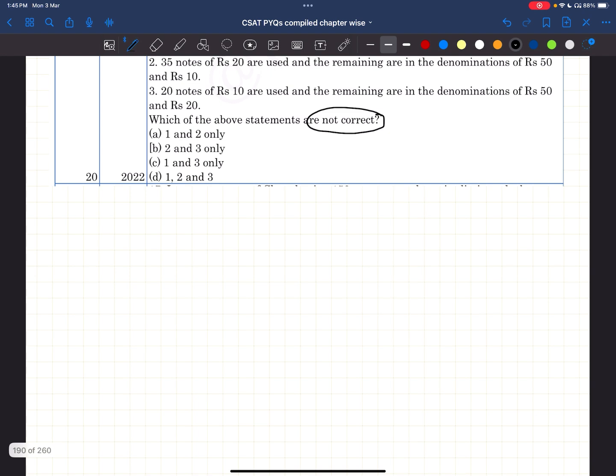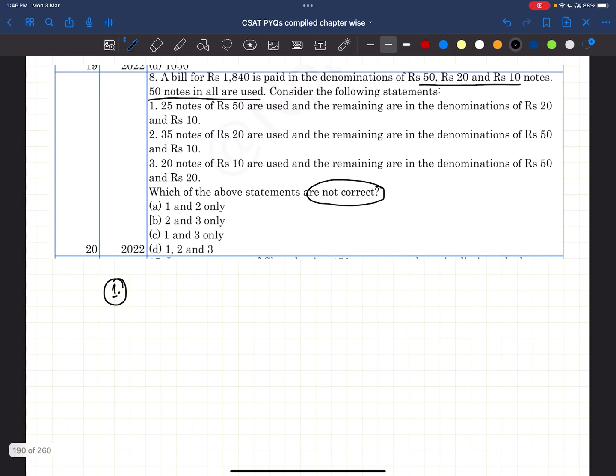Now let's see what it is telling. Let's take the first statement. It's telling 25 notes of 50 rupees. How much is that? 1250. So what is the remaining value? 1840 minus 1250, that is 590 rupees.